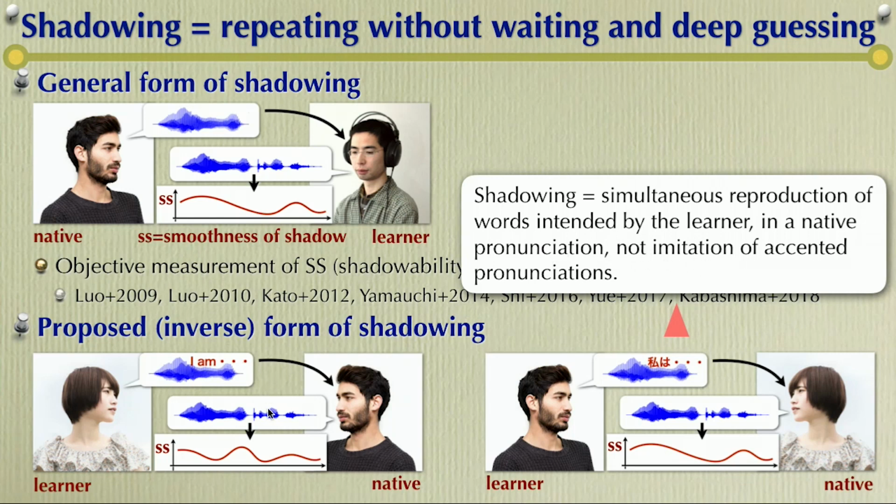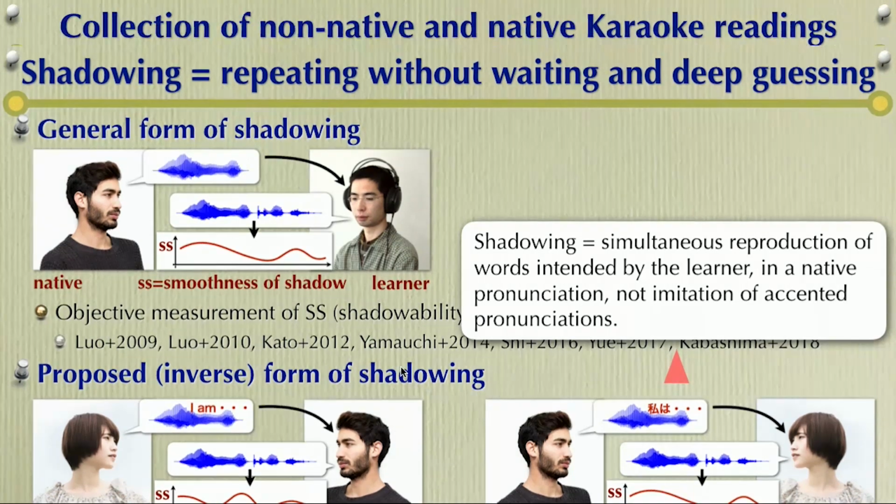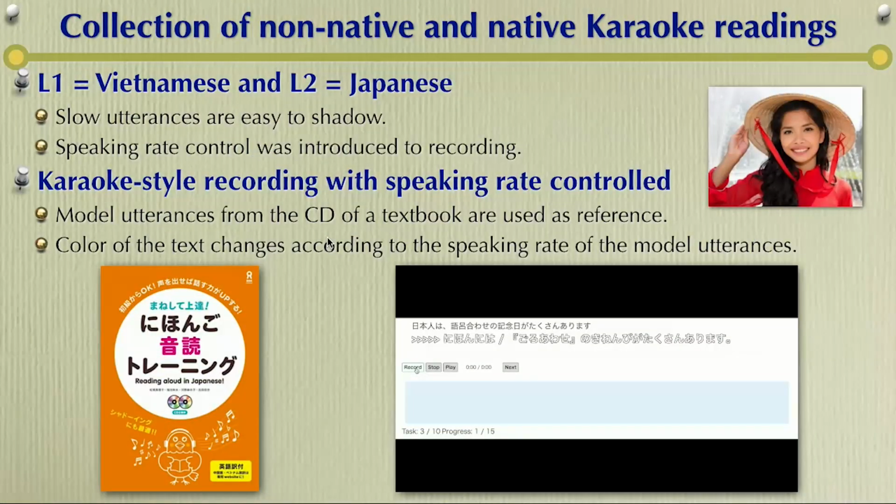If accented pronunciation causes trouble in understanding, then the shadowing utterances will be broken. So smooth shadowing means smooth understanding. Let's examine this idea. We collected Vietnamese Japanese; the target language of learning is Japanese, and the native language, the mother tongue, is Vietnamese.